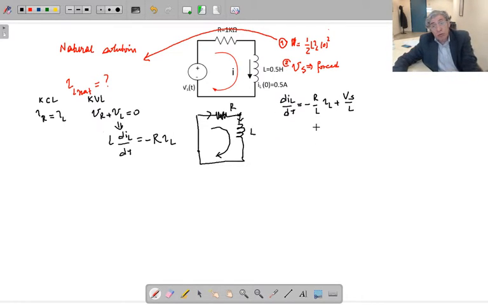While we were solving the differential equation, we said you make that Vs equal to 0 and find the homogeneous solution. First homogeneous, plus particular. The summation of those gives you the general solution, we said.